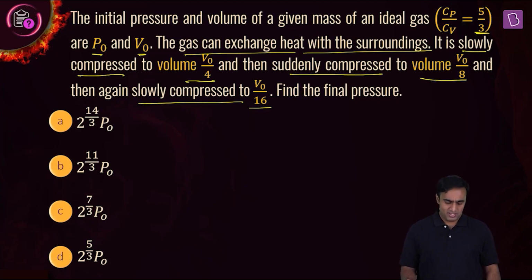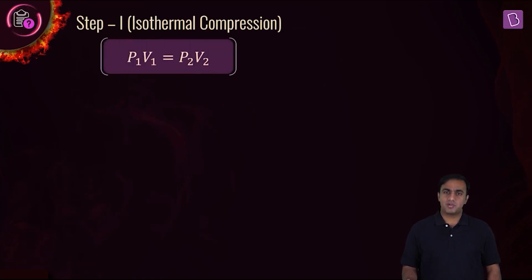Well, let's look at each of these processes one at a time. First one, it is slow compression or isothermal compression. Since it is an isothermal process, let's apply the isothermal process law, which is PV is equal to constant. We can write P1 V1 equals P2 V2. What is P1?